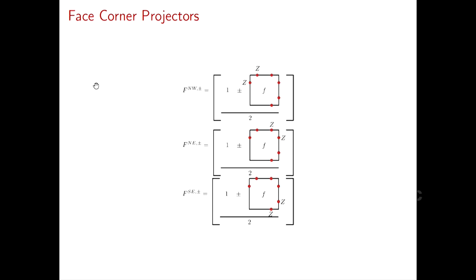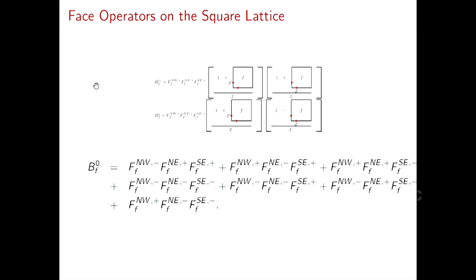If you do this, we can construct the projector to 1, 1, which is the morphism 1, 1, and similarly all the other morphisms. And we also have this special one, which is the projector which projects to the zero flux.